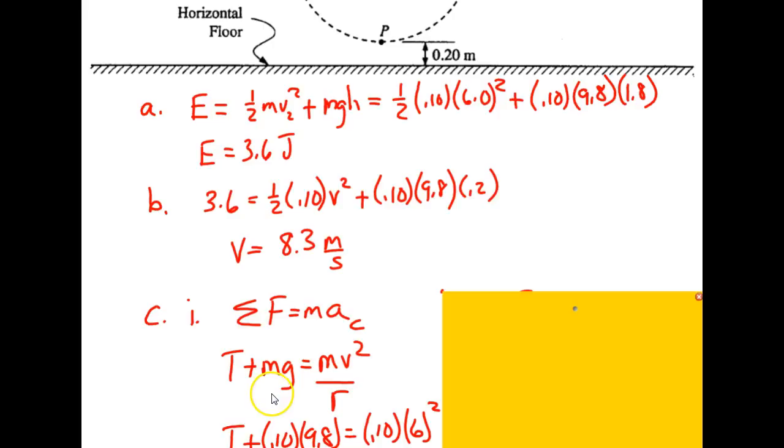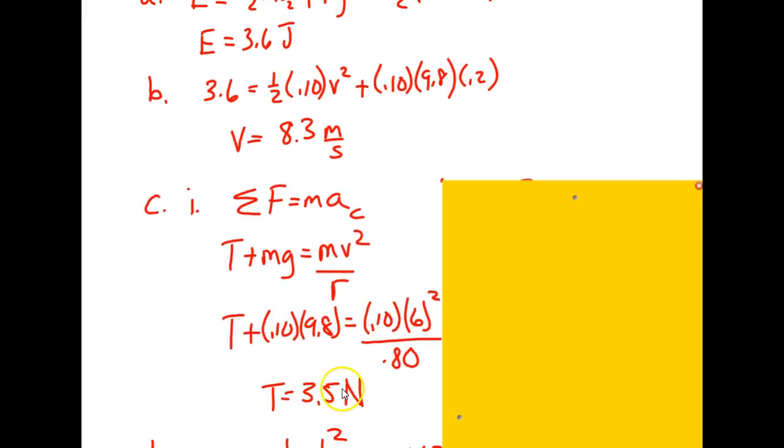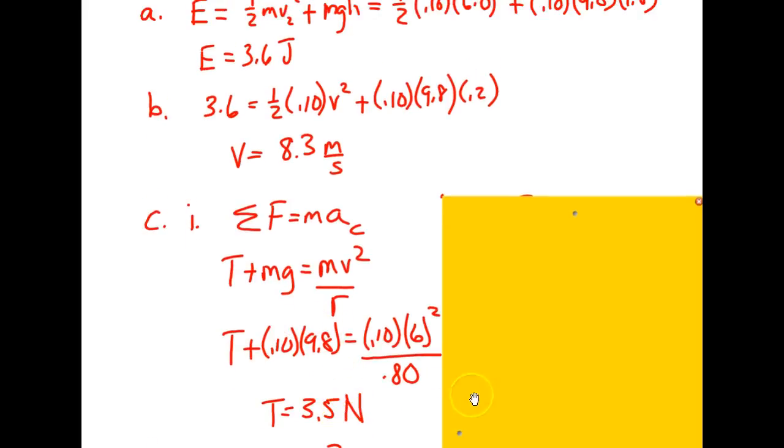Both are directed towards the center of the circular path. So T plus mg equals mv squared over r. Go ahead and do our substitutions. T plus 0.1 times 9.81 equals 0.1 times 6 squared over 0.8. Subtract this value, and you should get a tension of 3.5 newtons.